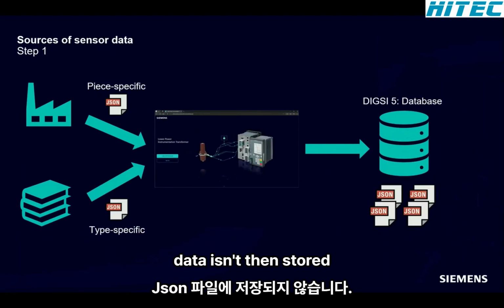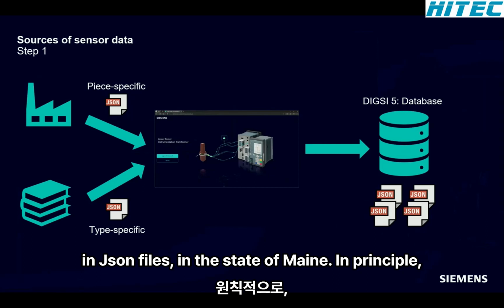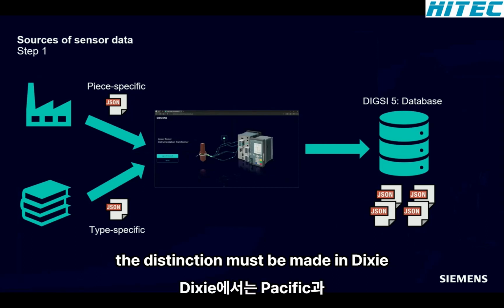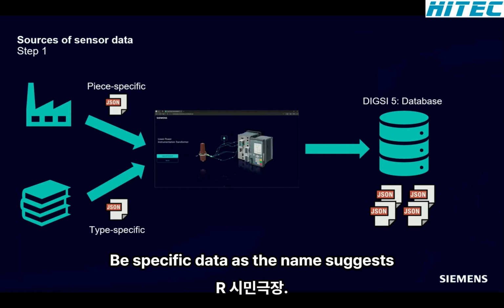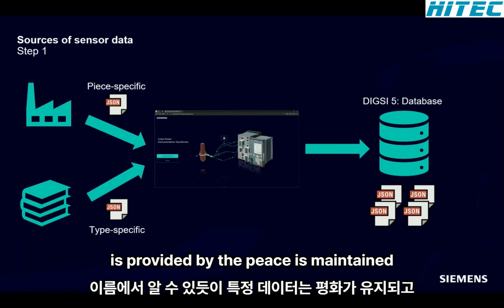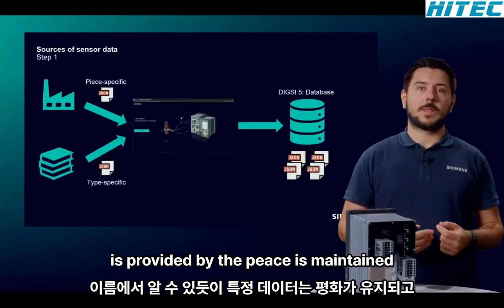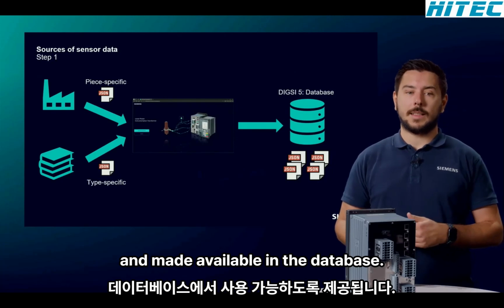The sensor data is then stored in JSON files in this database. In principle, a distinction must be made in Dixie between piece-specific and type-specific data. Piece-specific data, as the name suggests, is provided by the sensor manufacturer for each manufactured piece. Type-specific data is maintained and made available by us in the database.